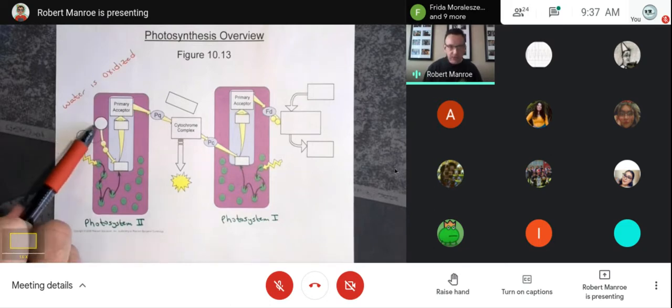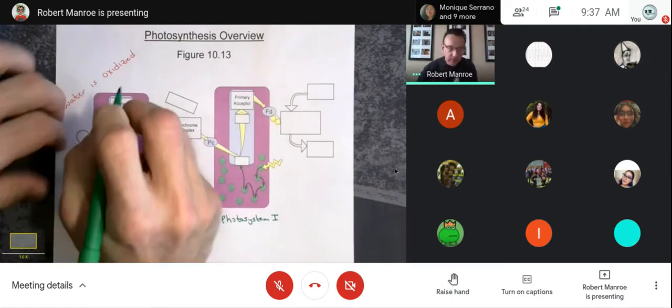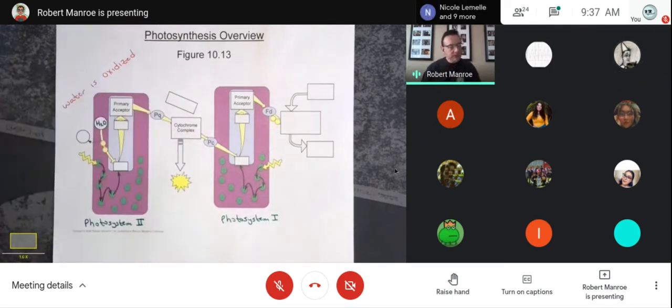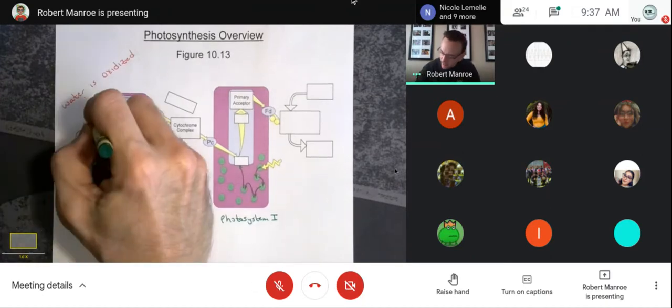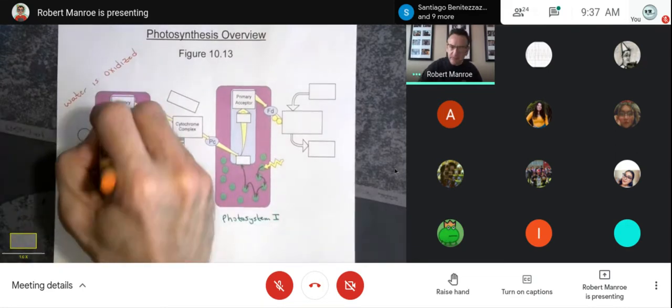So what do you think's in that little circle right there? Water. So I need a little green and a little orange, and then I'm going to zoom in on that.